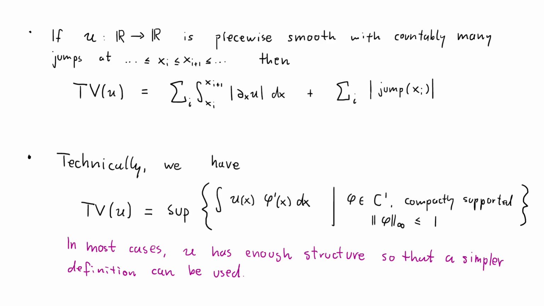Now, the very last definition of TV is actually the proper definition of the total variation, but for most applications that we encounter, this will be a little bit too unhandy. In most cases, our function u will have enough structure so that a simpler definition for the total variation can be used in those special cases.